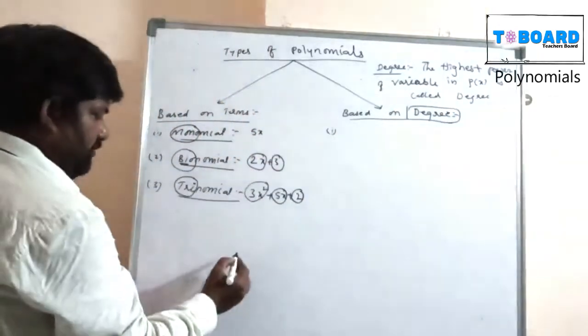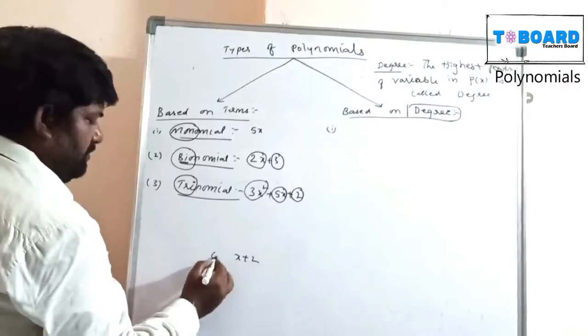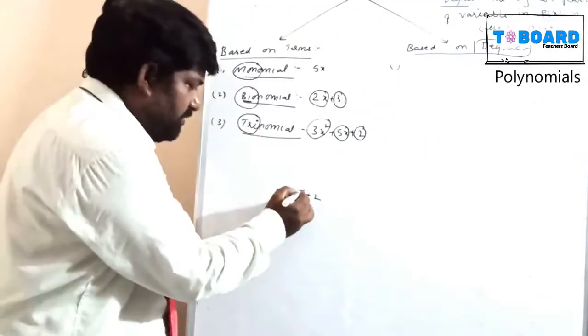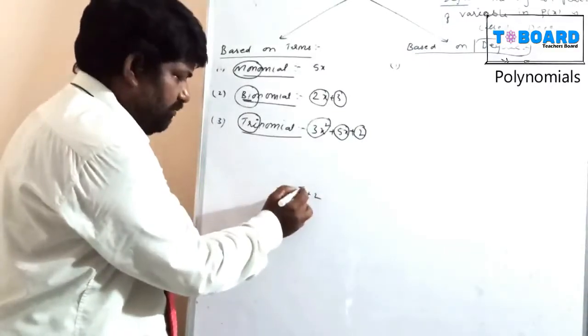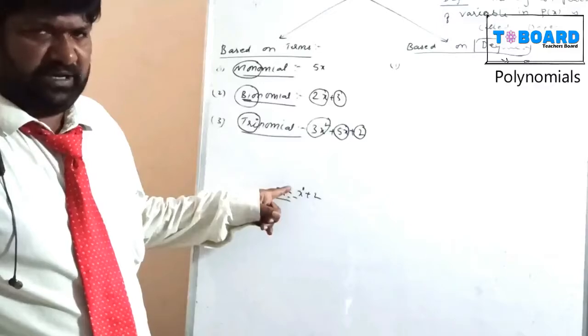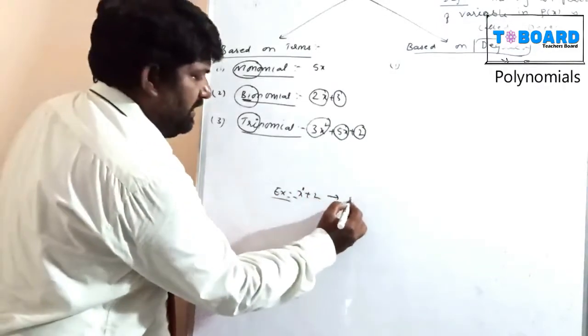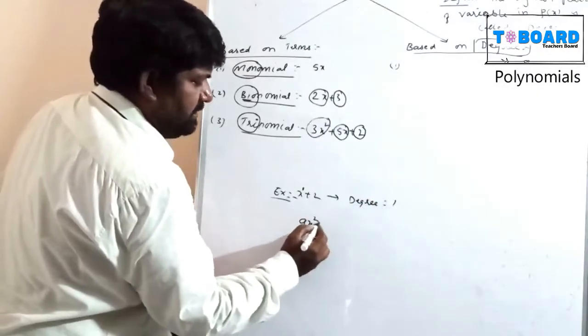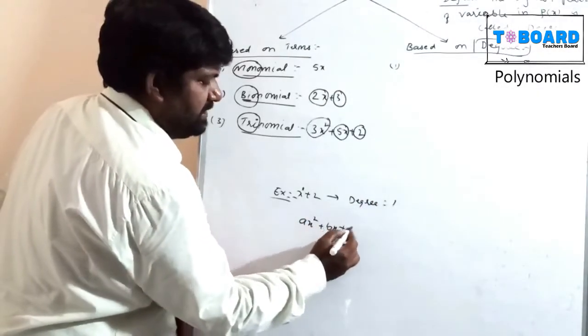For example, x plus 2. Here the variable is x, a polynomial in x. The highest power of x is 1, so the degree is 1. For example, ax square plus bx plus c.